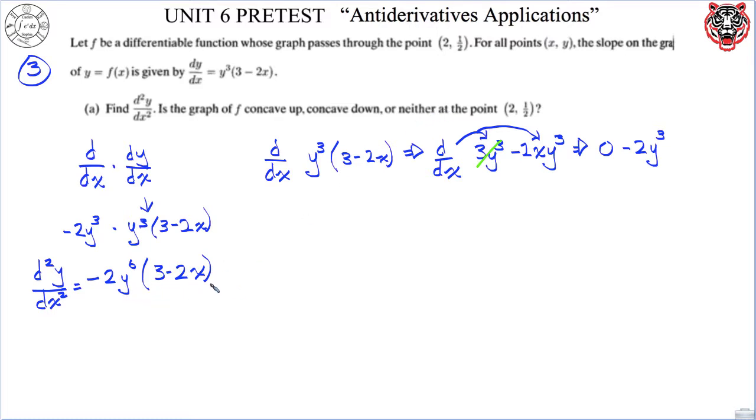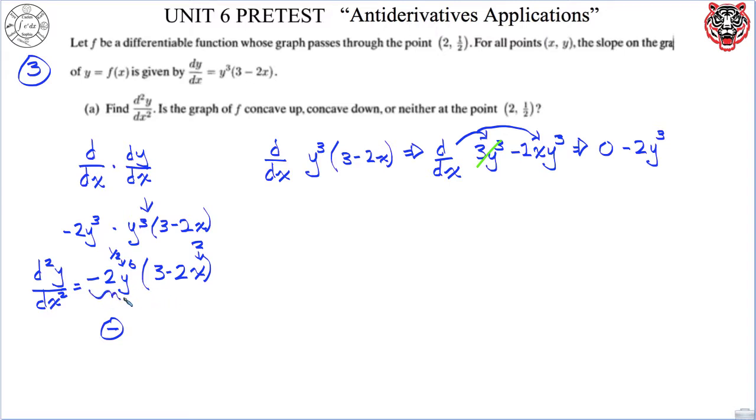So when I plug in 2, 2 is going to go in for x, and 1/2 is going to go in for y. And remember, we're not actually solving for a number, we just need to know if it's positive or negative. So when I plug in 1/2 to y, is it positive or negative? y to the power of 6, anything to an even power is positive, and then I have a negative out here, so I have a negative times a positive, so all of this thing is a negative.